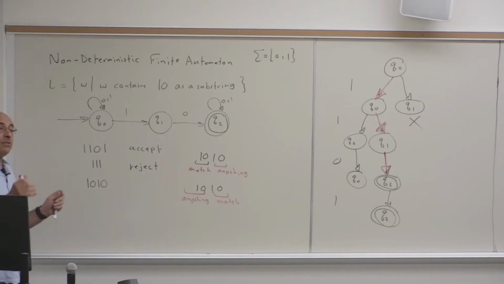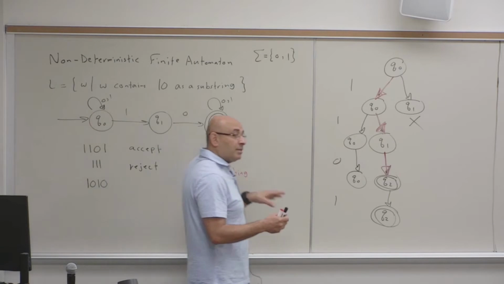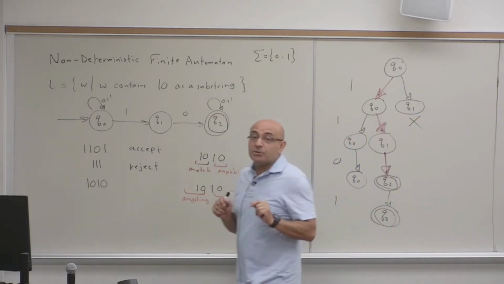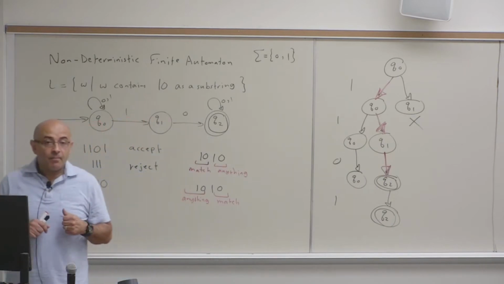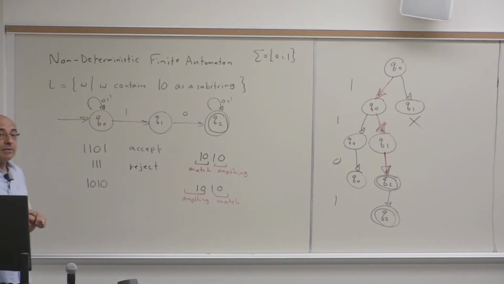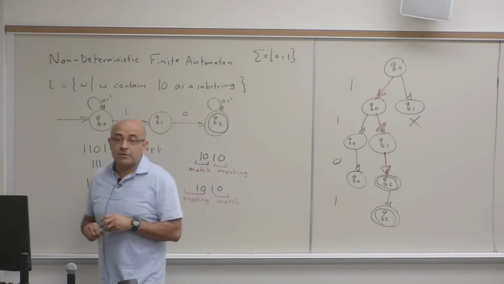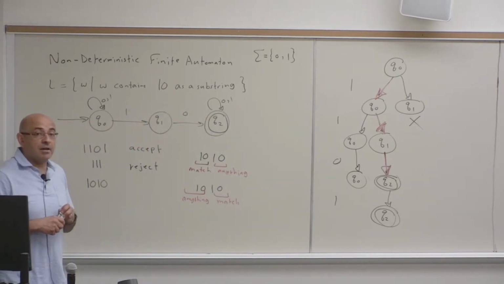Two different ways, two different paths, and that's why the non-deterministic finite automaton is non-deterministic. Non-deterministic doesn't mean random, it means you have multiple options. Any questions on non-deterministic finite automata? Anyway, you'll get to practice this in the first homework assignment that I posted last night.